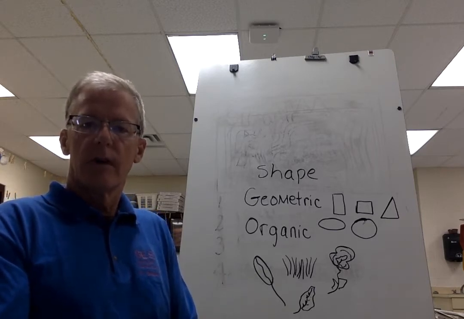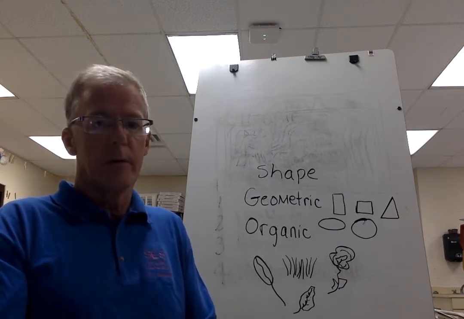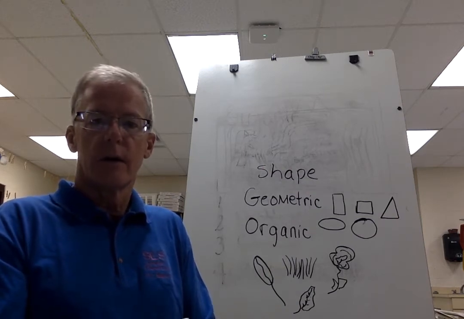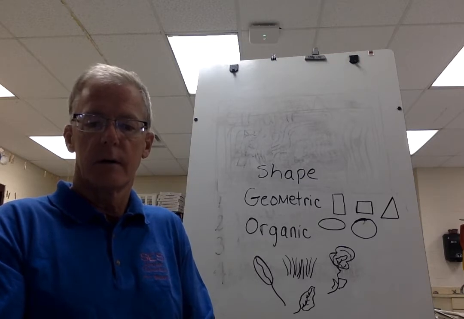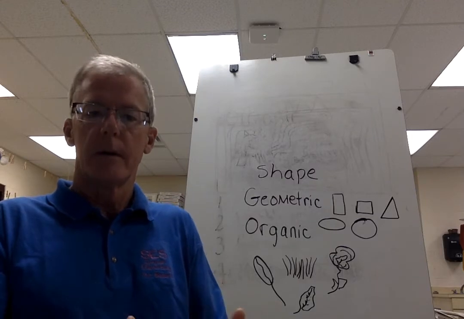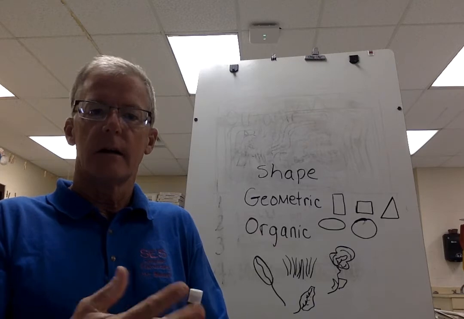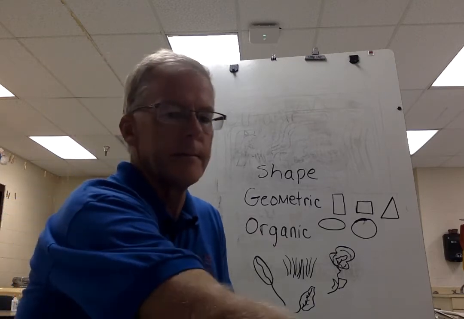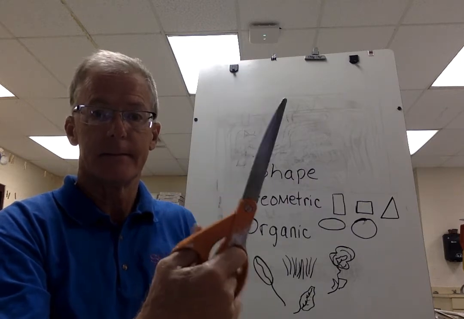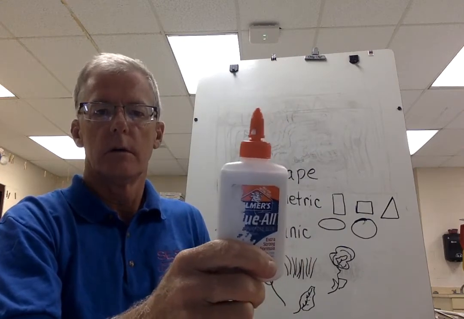Who's ever heard of The Very Hungry Caterpillar? Well, if you've been in my room before, you know that Eric Carle was the creator of The Very Hungry Caterpillar. And the way he created that book was to take paper, tissue paper mostly, and cut out the tissue paper using scissors. And he used glue.